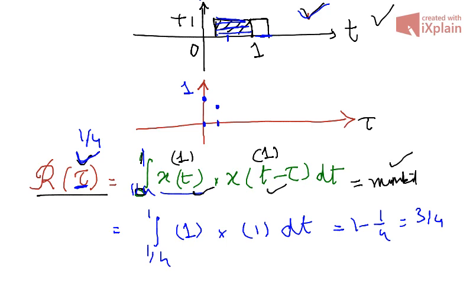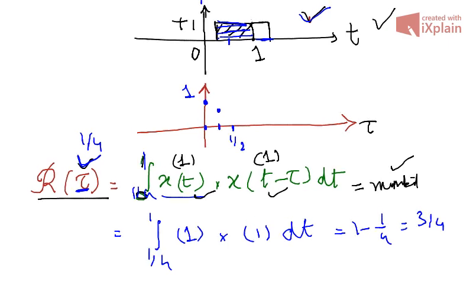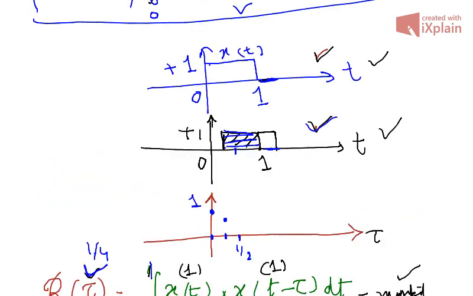Now you can plot it for 1 over 2. If you observe your signal for 1 over 2, it will move further. We got 2 points right now.